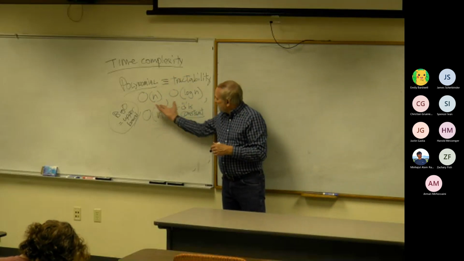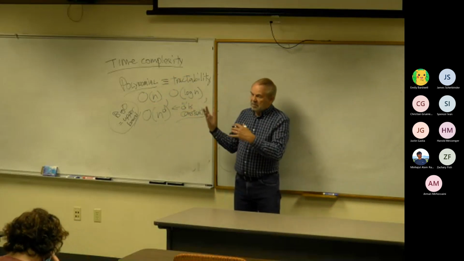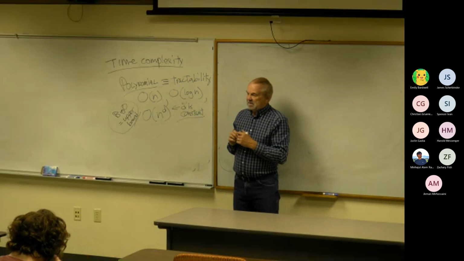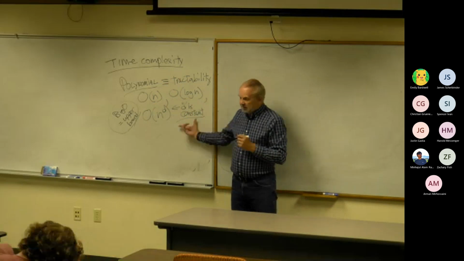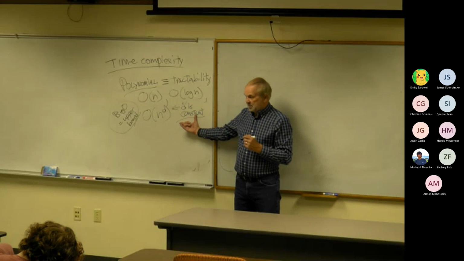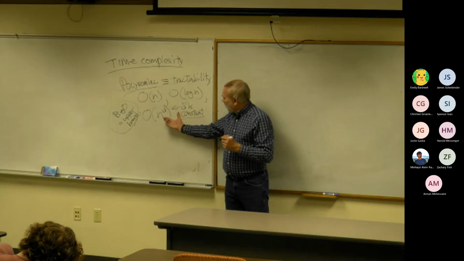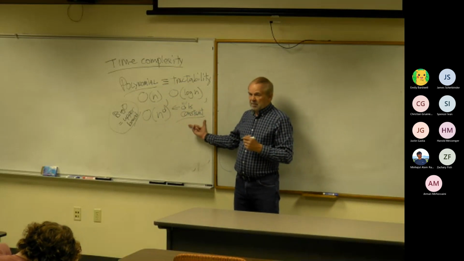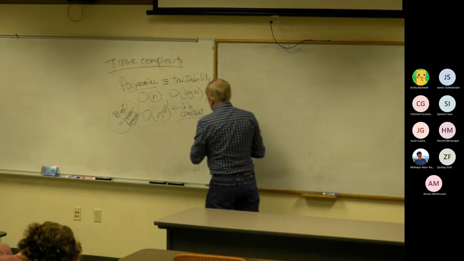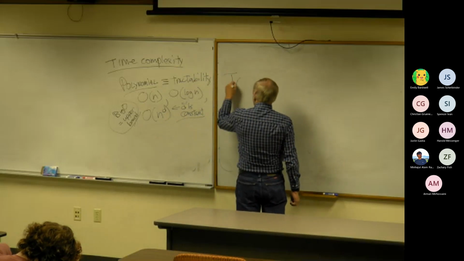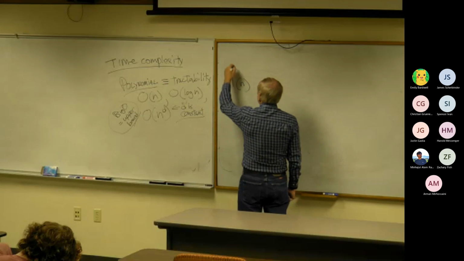Granted, this measure, the big O, is kind of a gross estimate, right? The mere fact, if you recall, we throw away coefficients and we throw away lower order terms from the time equation.